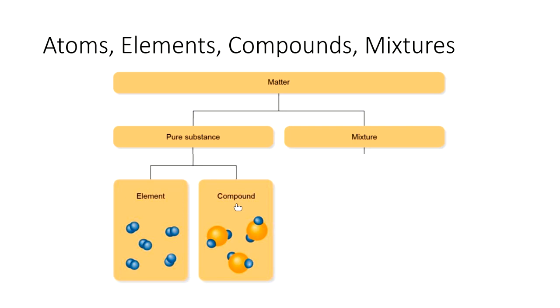For example, sulfuric acid. To call it sulfuric acid, we always have two atoms of hydrogen, one atom of sulfur, four atoms of oxygen. This is the only way we can call it sulfuric acid.